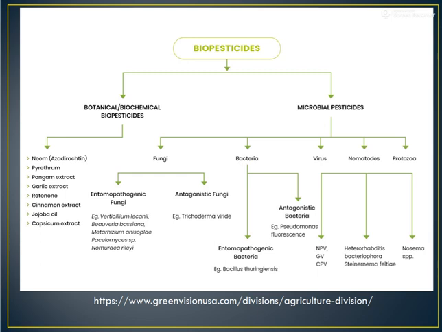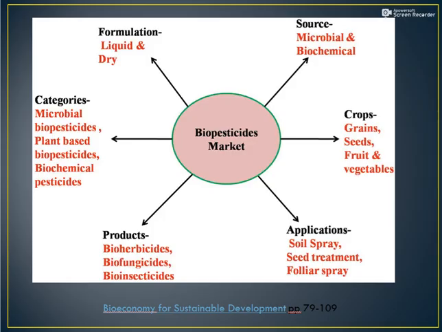Do remember, the term biopesticide doesn't mean that it is only the microbial pesticide. It also includes the plant or the plant derived biopesticides. But since we are dealing with microbiology, we are dealing with only the microbial biopesticides in the coming sessions.